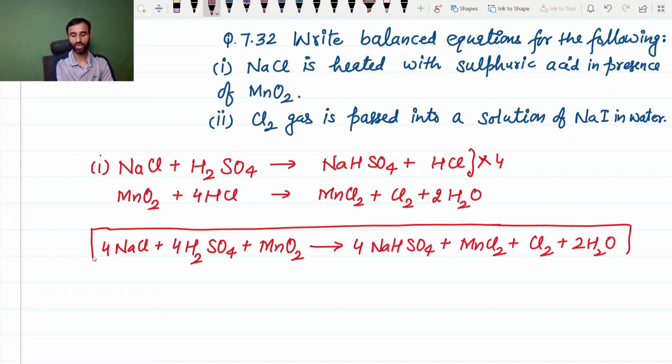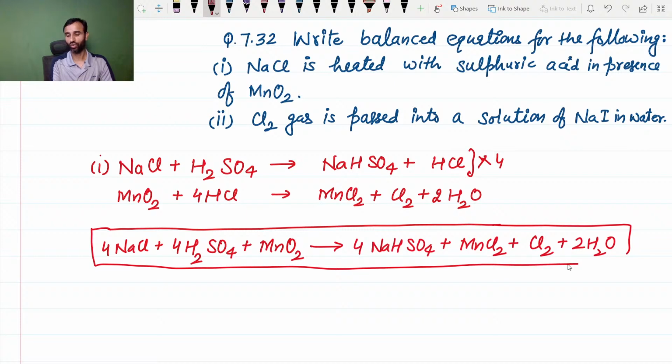So this is the balanced equation when NaCl is heated with sulfuric acid in the presence of MnO2, right?